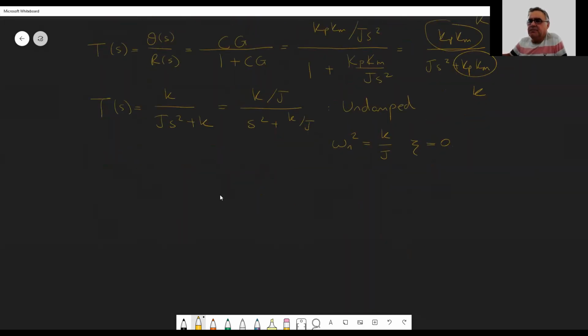If R of S is 90 degrees, you want the arm to rotate 90 degrees, what you are going to get will be the following. This is 90 degrees, let's say. The arm is going to do the following motion.